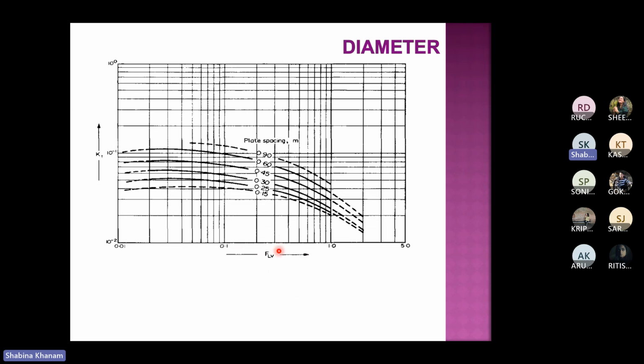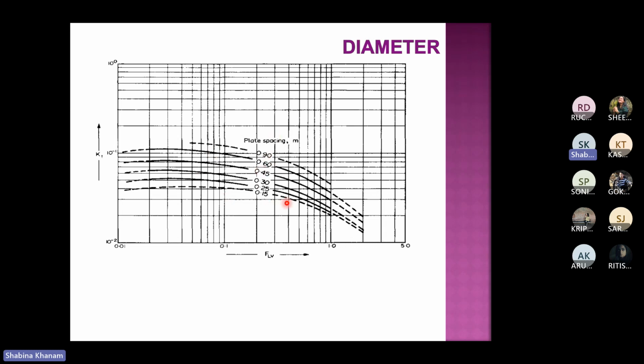It will depend on FLV, and if you see here, I am having different curves for plate spacing. If you recall the last class, there we discussed that first we need to decide the plate spacing, and then we will proceed towards the column diameter. You can refer to the steps which we discussed yesterday.